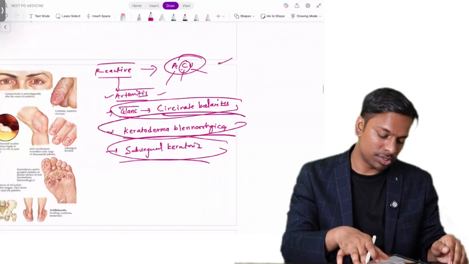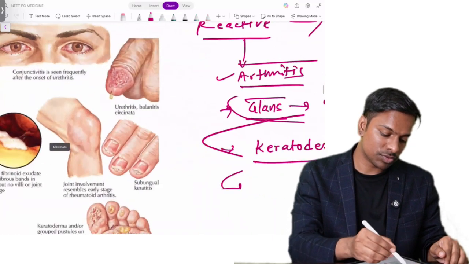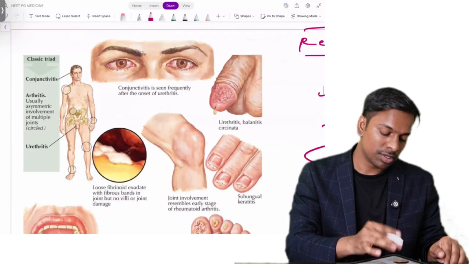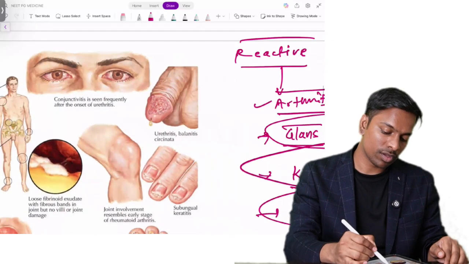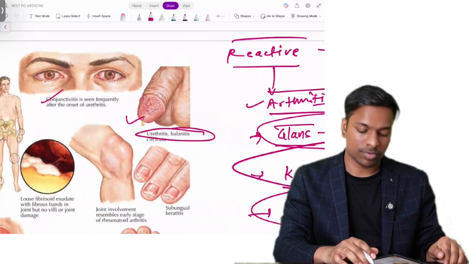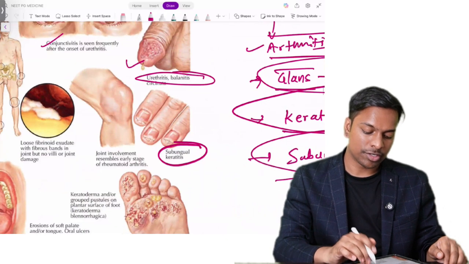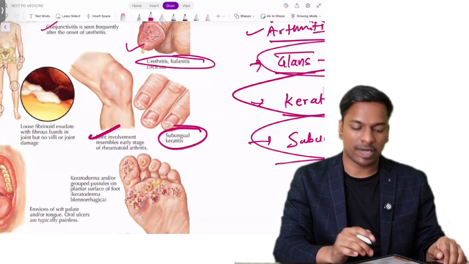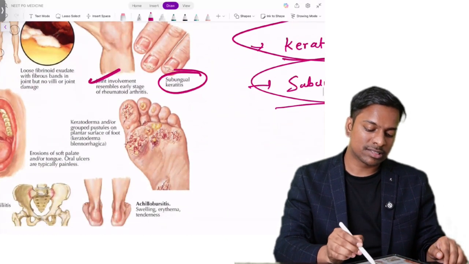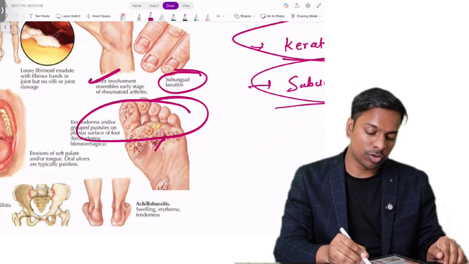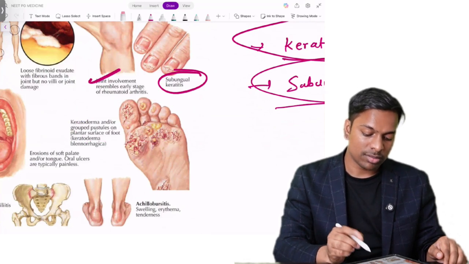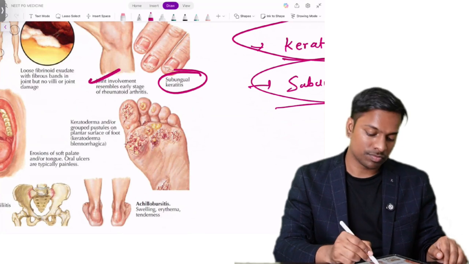So here we see the images. First, the triad: conjunctivitis, arthritis, urethritis and balanitis. Then subungual keratosis over here, and joint involvement because of arthritis. Then this type of skin involvement called keratoderma blennorrhagicum looks really bad, but it gets better.